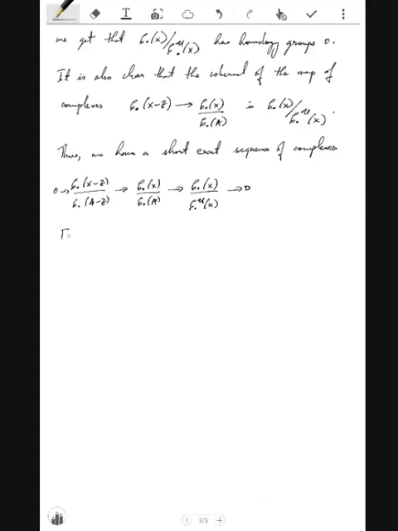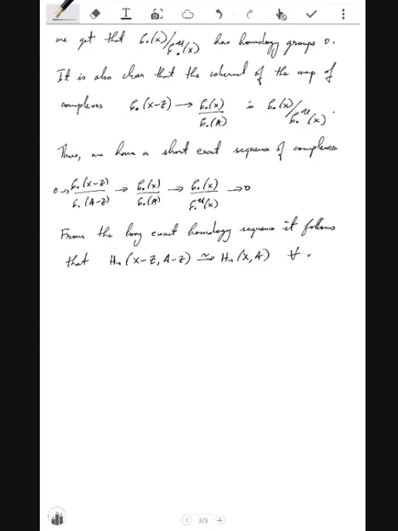So from the long exact homology sequence, it follows that H_n(X minus Z, A minus Z) is isomorphic to H_n(X, A) for all n. So this proves the theorem.